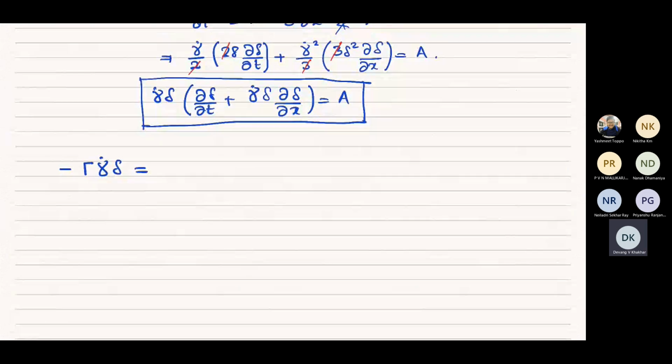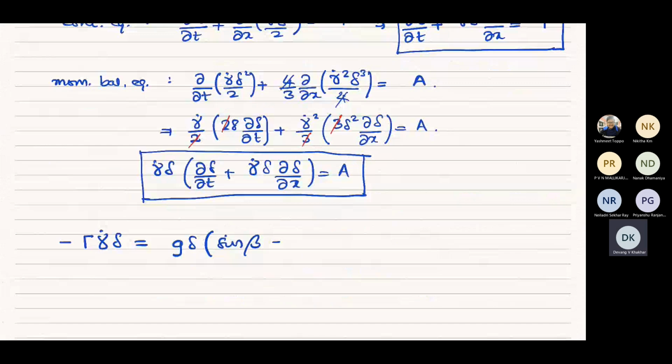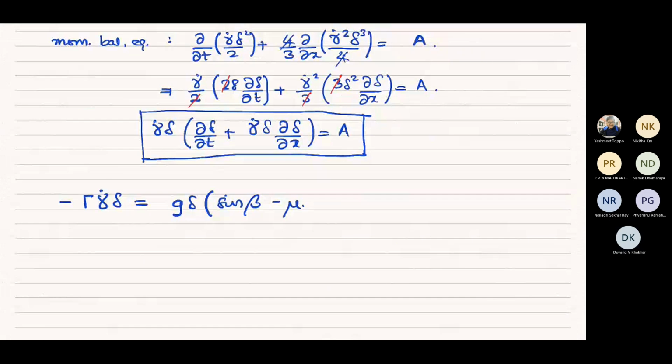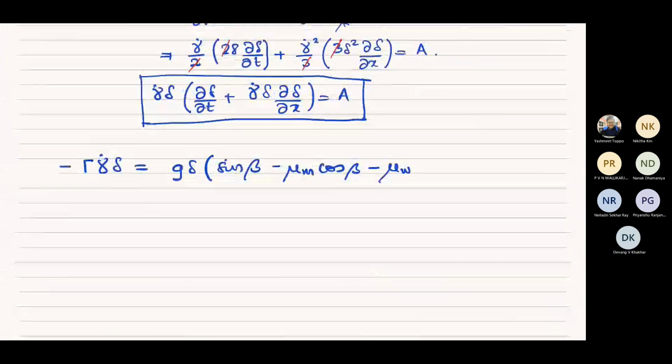It is G delta into sine beta minus, you can see over here, mu m cos beta minus mu w also into cos beta times delta by b. So this is what you get.